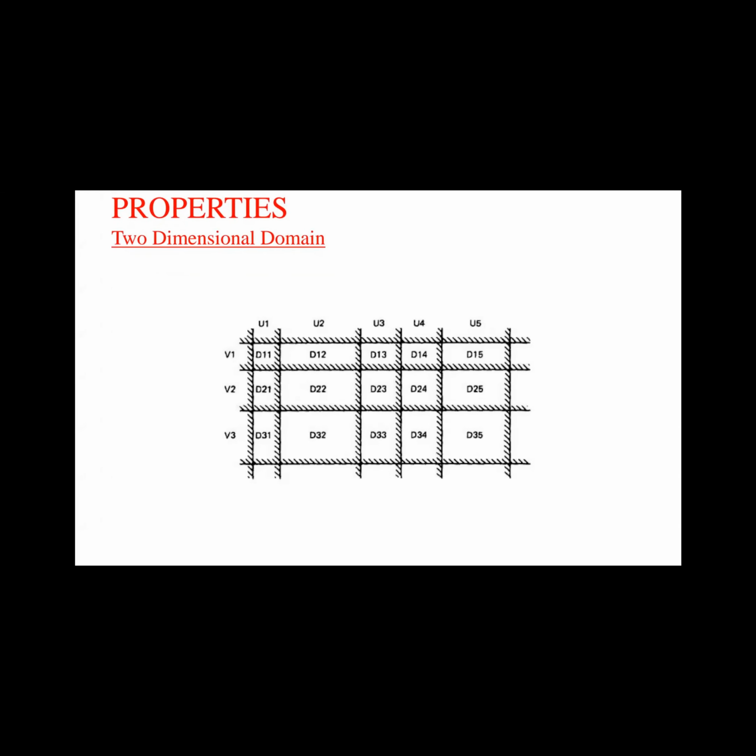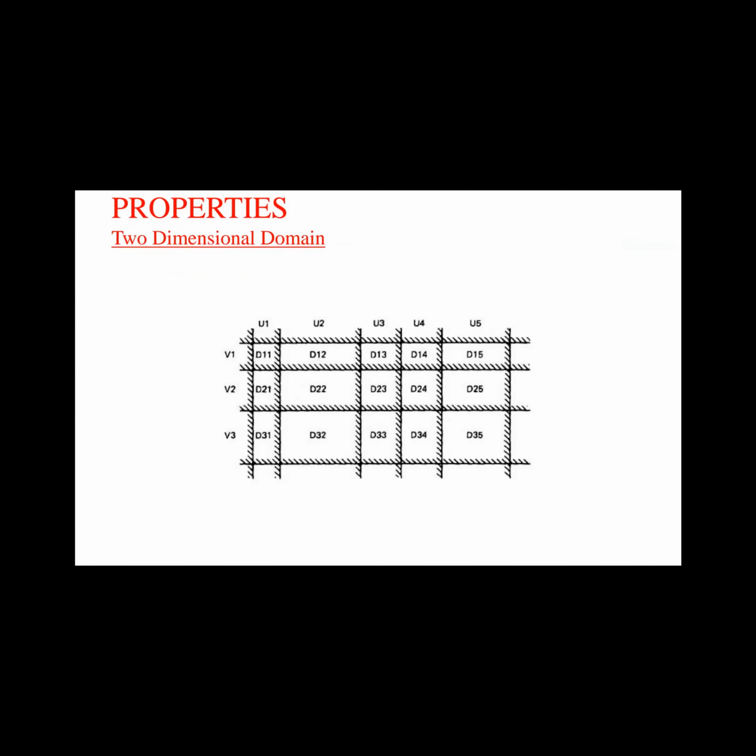The first property is the two-dimensional domain. In this diagram, D is represented as the domain. V1 and U1 are the boundaries. A domain compulsorily has two boundaries, a minimum boundary and a maximum boundary.